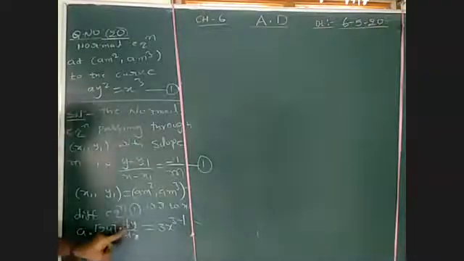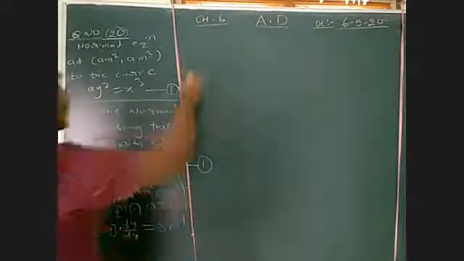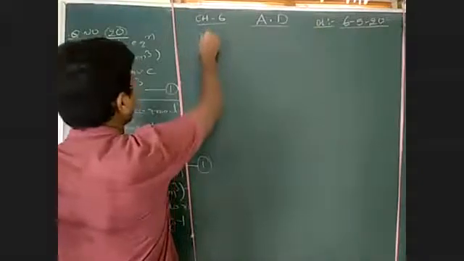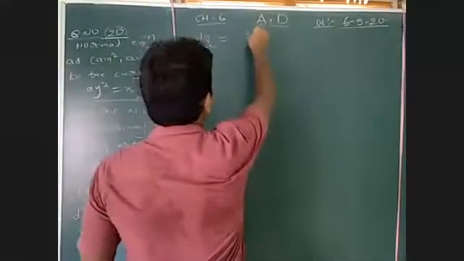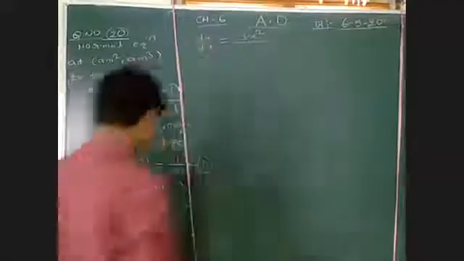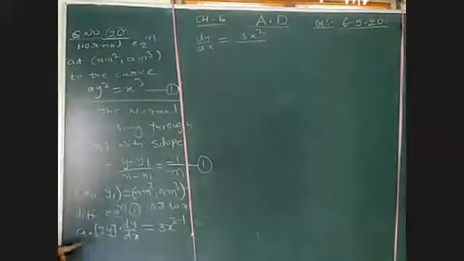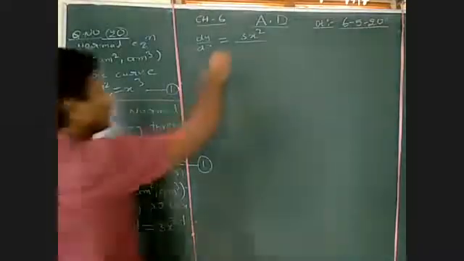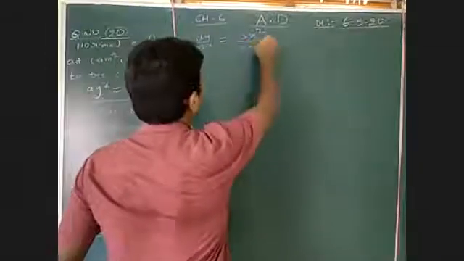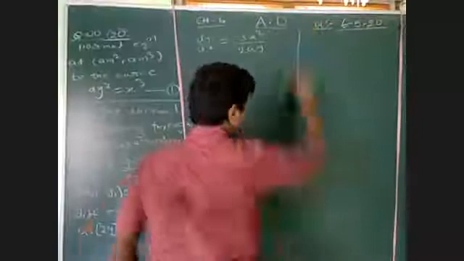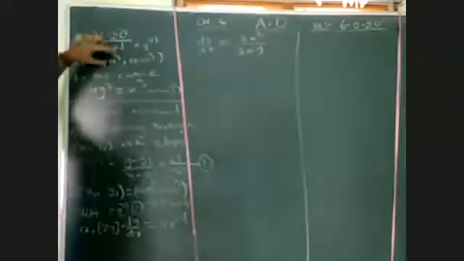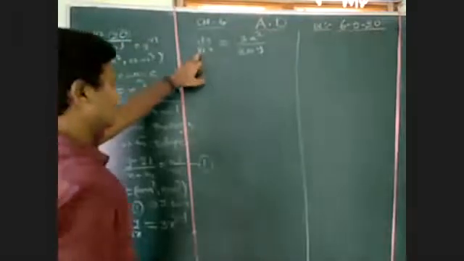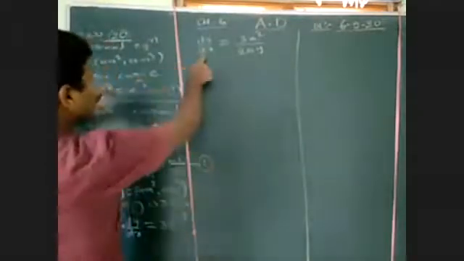Okay, here we need only dy by dx. So from this, dy by dx is equal to, right side, 3x square by a into 2y, that is 2ay. Okay. Now we need to find dy by dx at the given point, where this is the slope m.